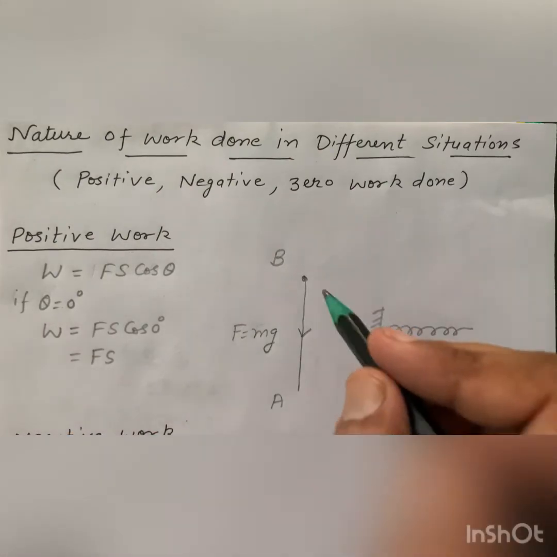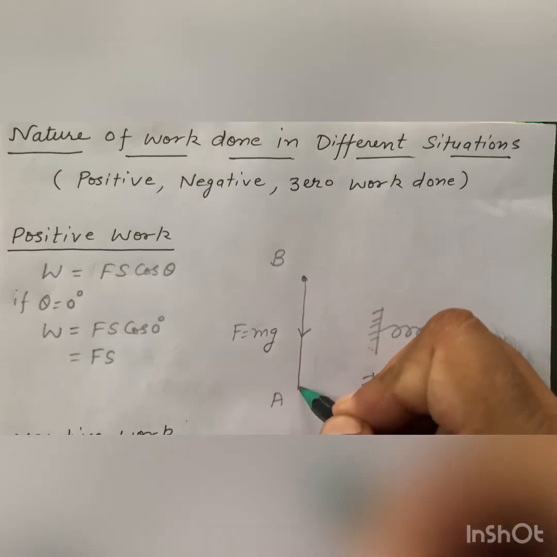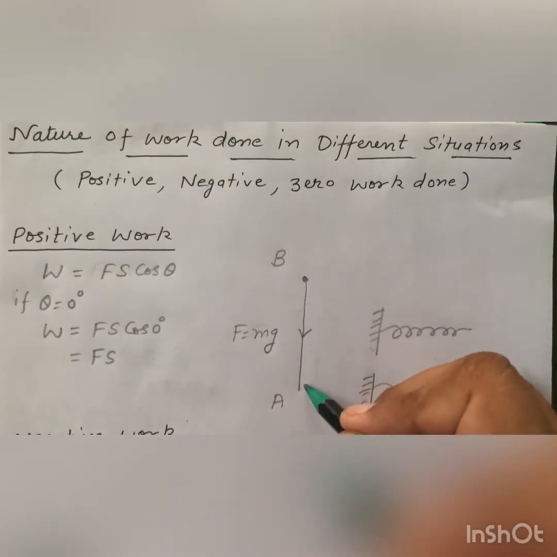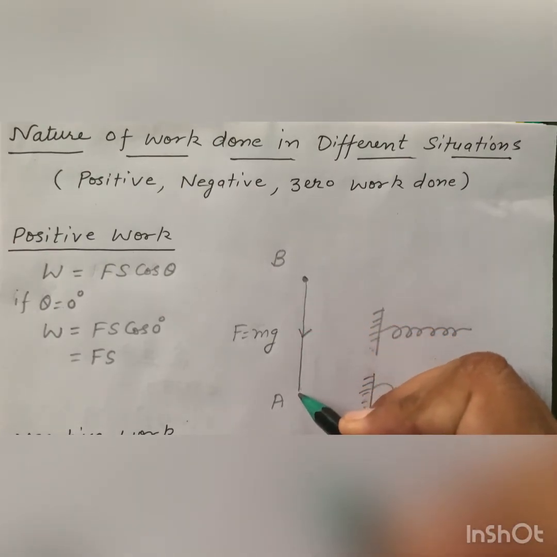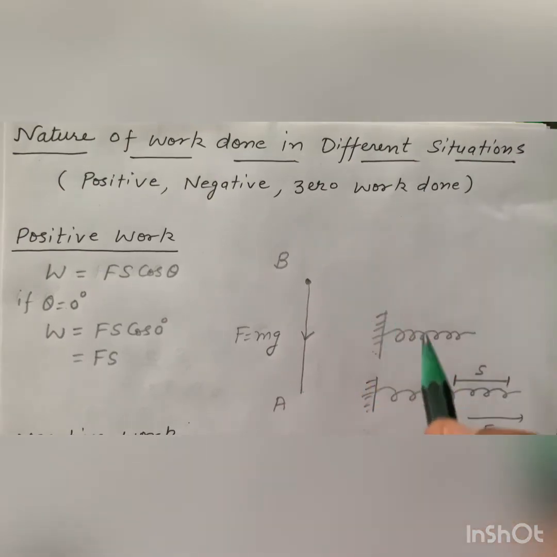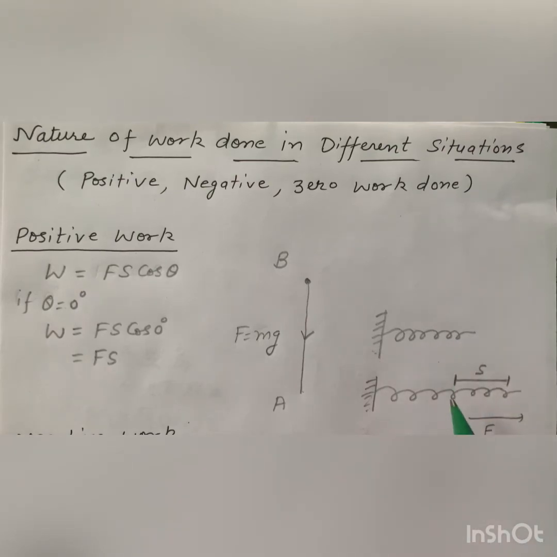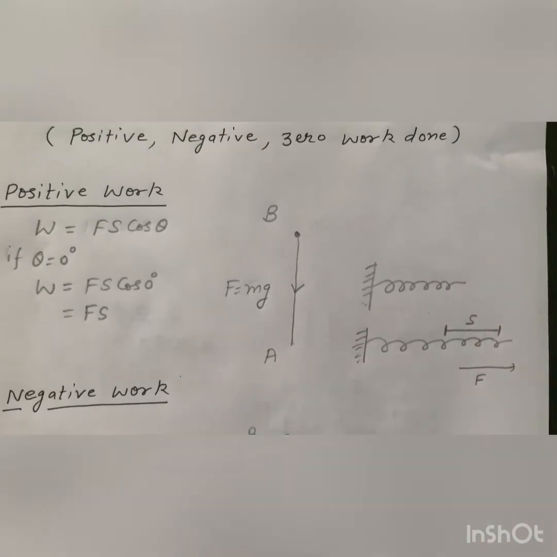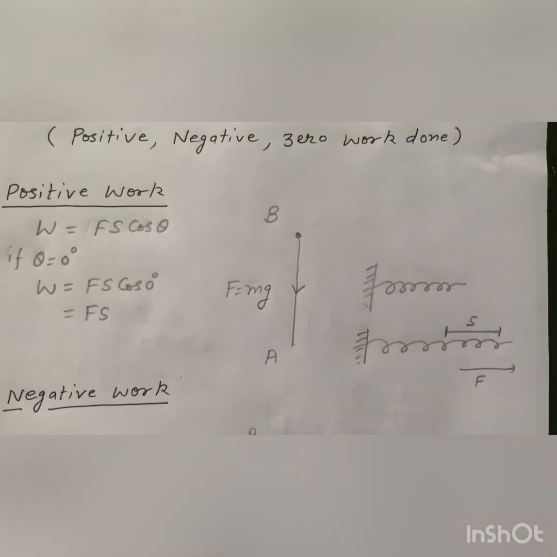For example, suppose a body is falling down from B to A. Direction of force is in this direction, and also displacement of the body is in the same direction. So we get the positive work. Another example is a spring: if we apply force on this spring and displacement say S, then work done is positive as both force and displacement are in the same direction.